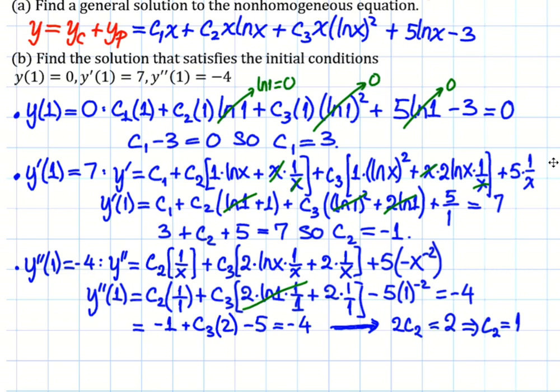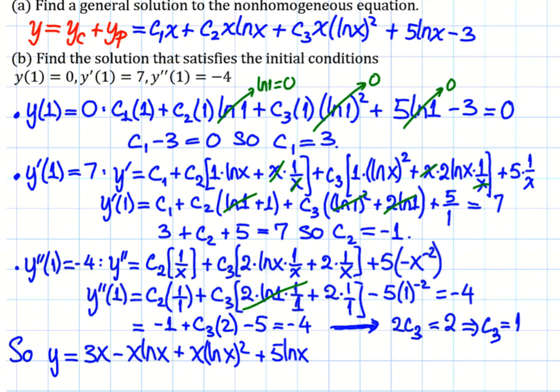So finally, for our initial value problem, we have C1, which is 3x, and then C2 is negative 1, so that will be minus x ln x, and then C3 is 1, and then plus x ln of x squared plus 5 ln of x minus 3.